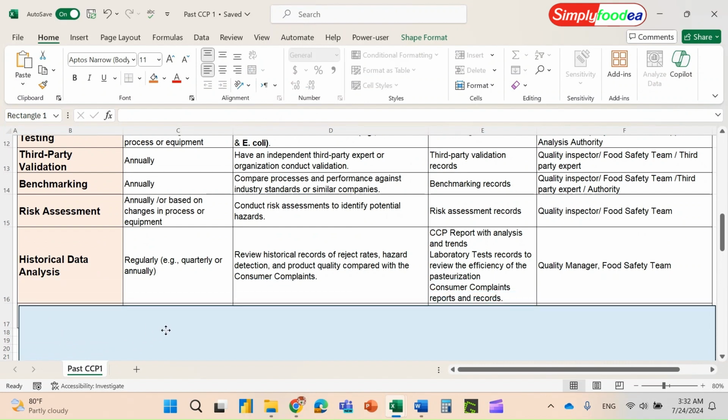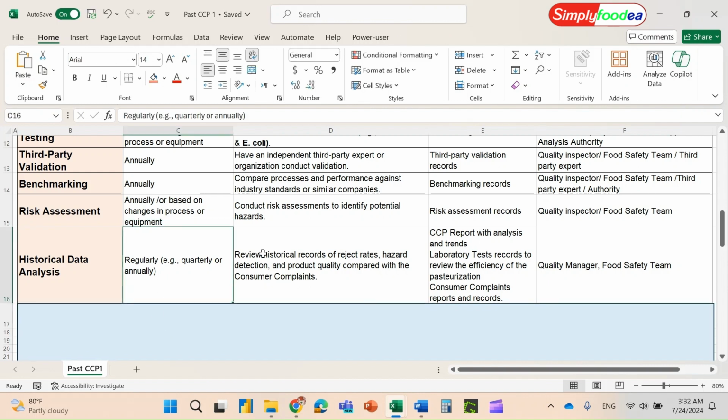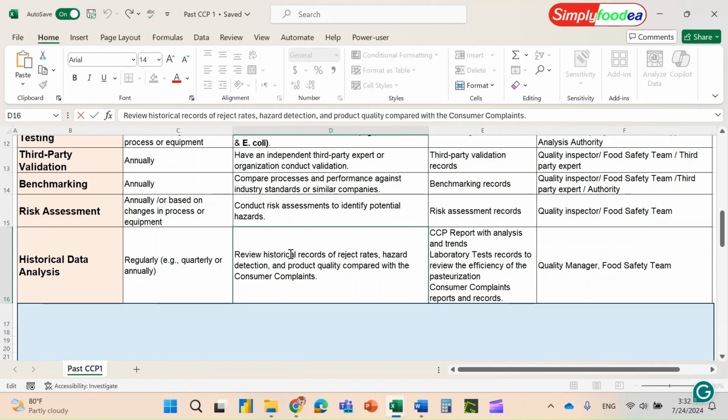Of course, the historical data are very important. With these historical data, we must compare our records of reject rates, on-hold product, hazard detection, product quality, and customer complaints, if there are any complaints related to this part. In any historical data, it's better to refer also to consumer and customer complaints, mainly in the sorting and filtering process, but that will be more controlled in the upcoming CCP, which is the X-ray.